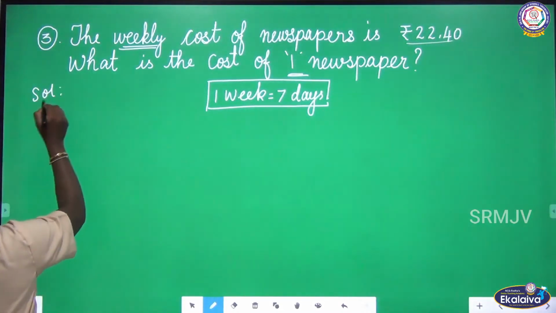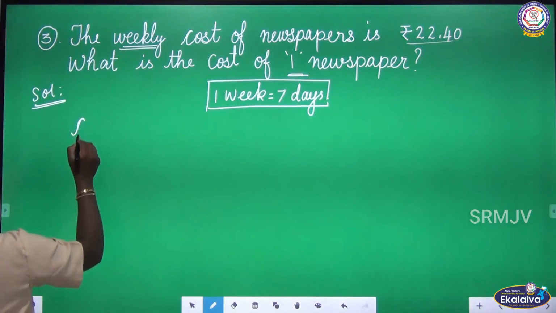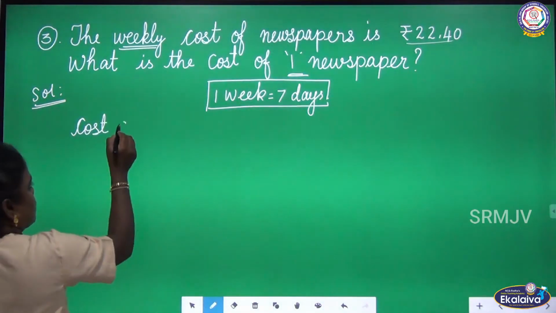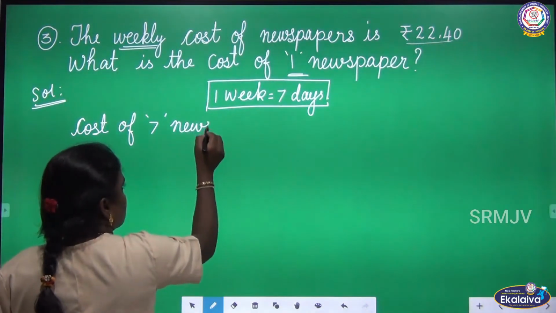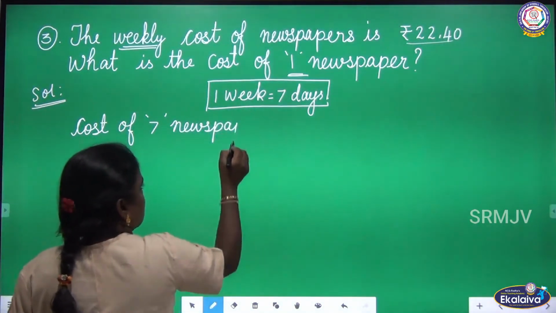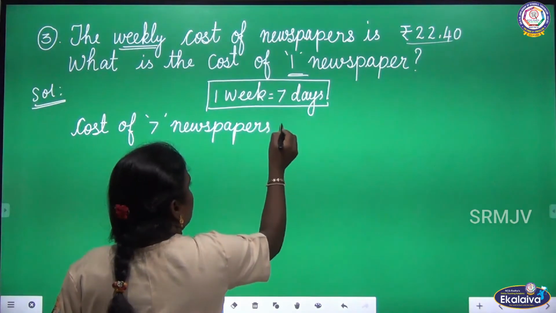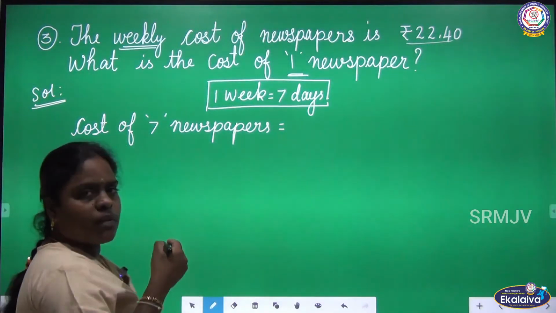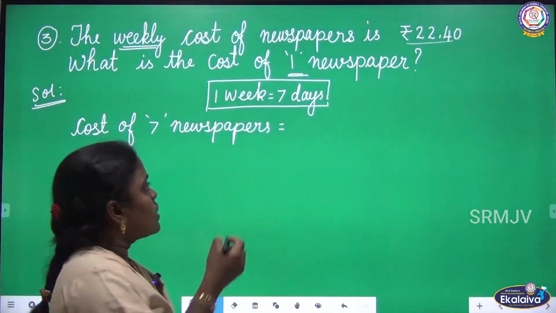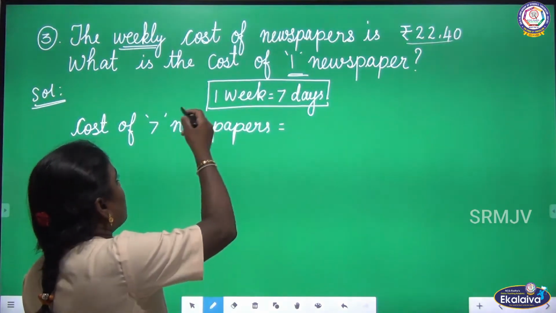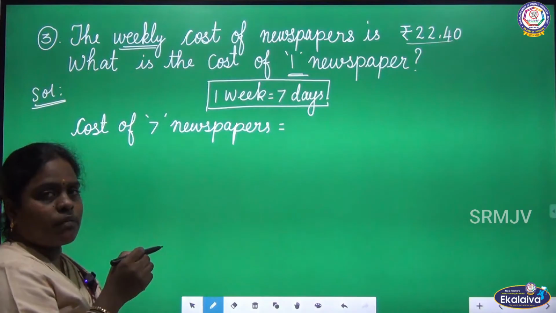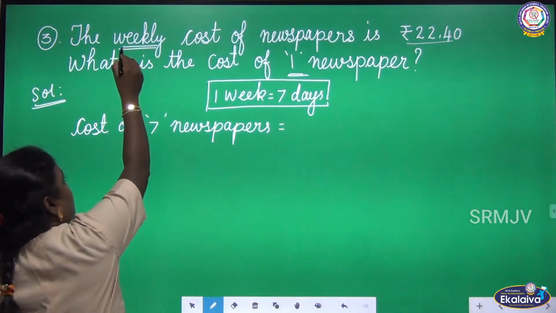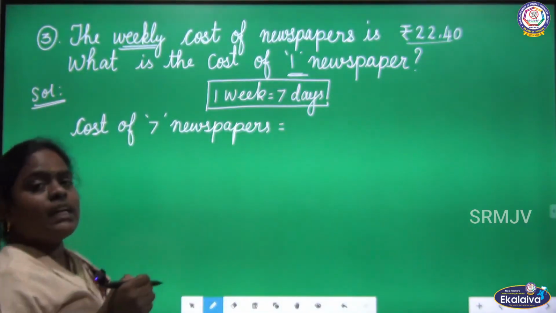So let us start with the statement. Cost of 7 newspapers. Children, look at the question, whether they have given the number 7. The number 7 is not given, but instead of that the word week is given.